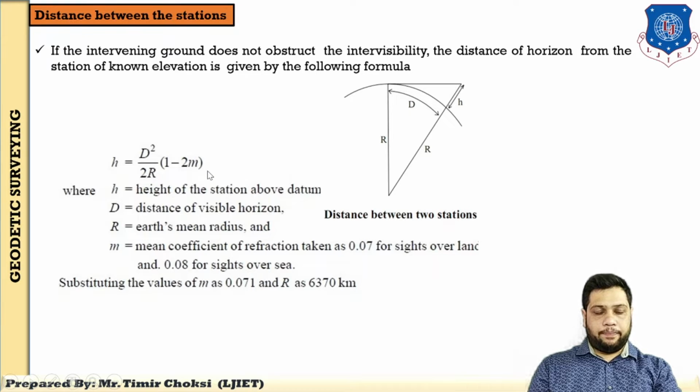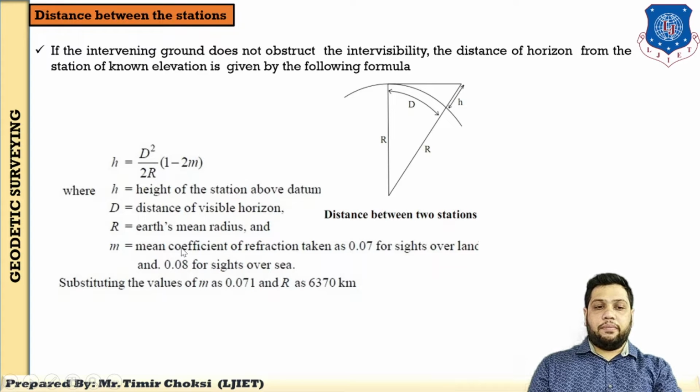1 minus 2m. So what is h? h is the height of the station above the datum. This is the datum point, and the height of the station above the datum is called small h. Capital D is the distance of the visible horizon. R is the earth's mean radius, and m is the mean coefficient of refraction, taken as 0.071 for sight over the land and 0.08 for sight over the sea.